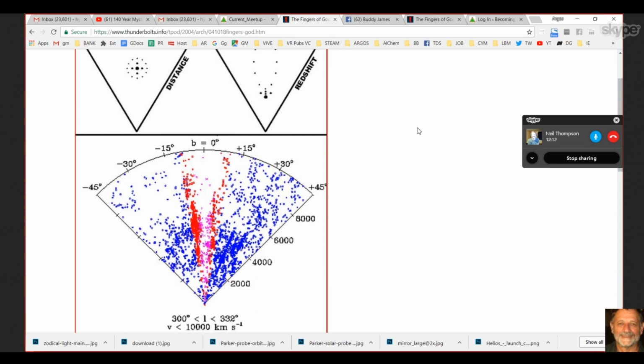No, what I'm asking is, these calculations that come up with these fingers, are they assuming that redshift is a measure of distance? Oh, of course, yes. That's what they're assuming. Okay, because in the EU model, it's not at all a measure of distance.